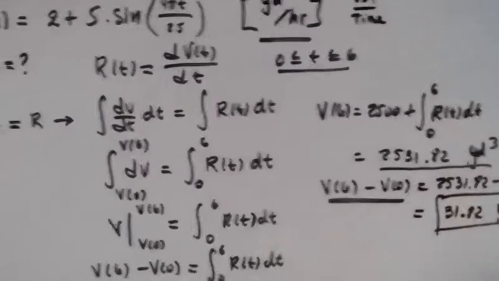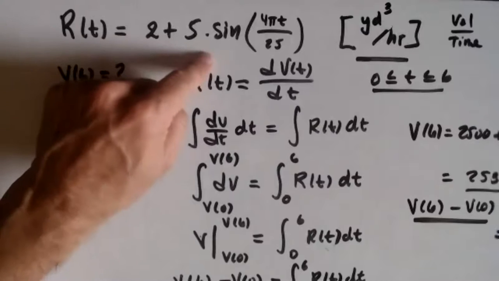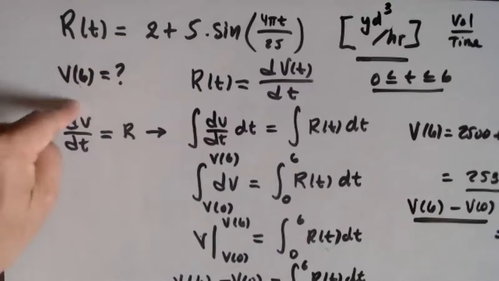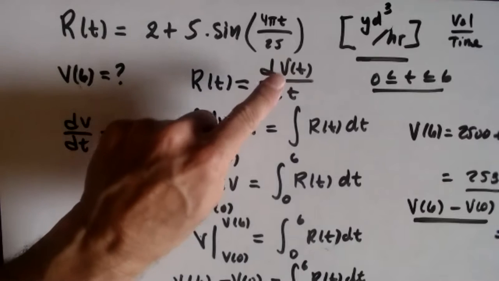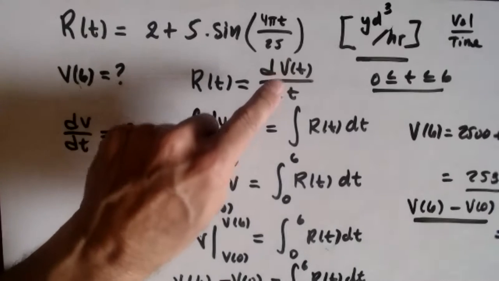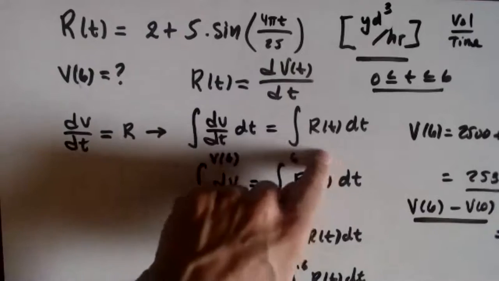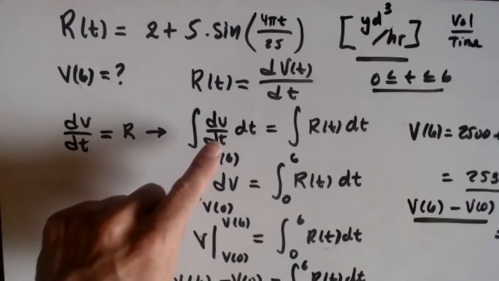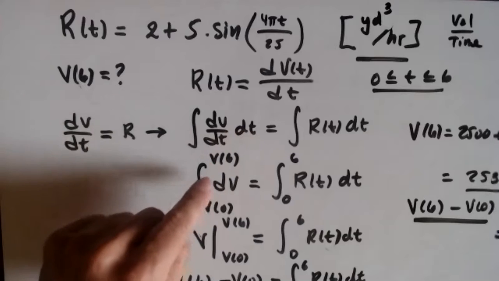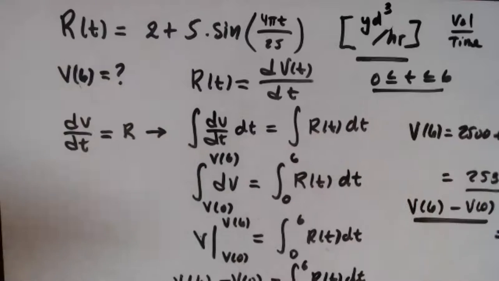Okay, a question about this process. Again, I receive a function. Then this function is the derivative of another function. They ask me for values for this function inside the derivative. So to cancel the derivative, I have to apply the integral on both sides. The integral of the derivative cancels. I need dV/dt, these two dt's cancel, and I have this one. Then I set the limits of integration, 0 to 6 in this case, because they want from 0 to 6.